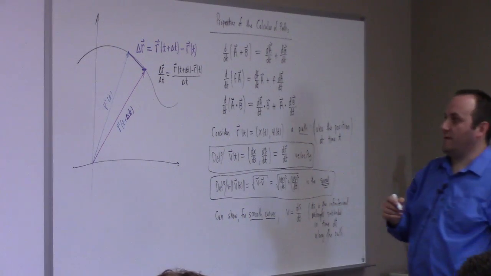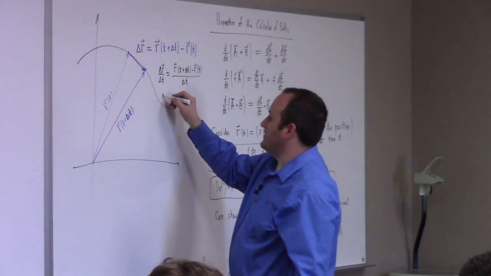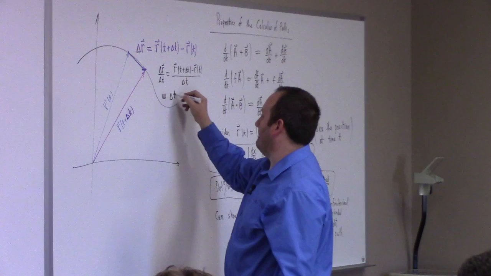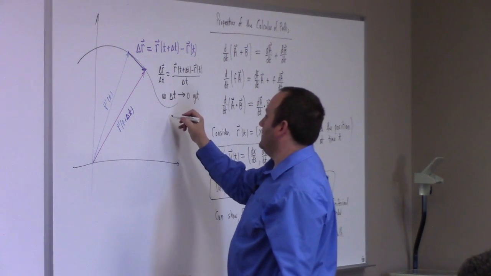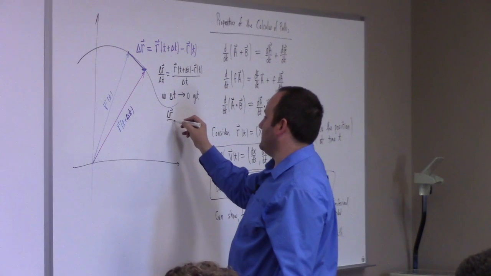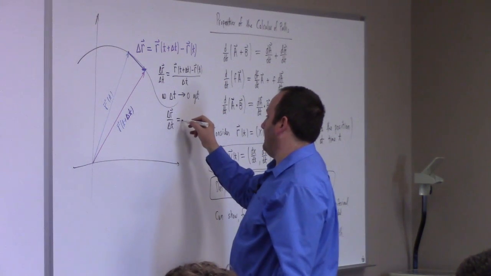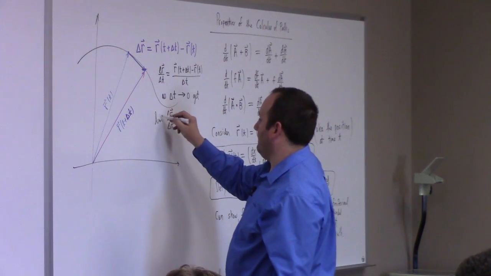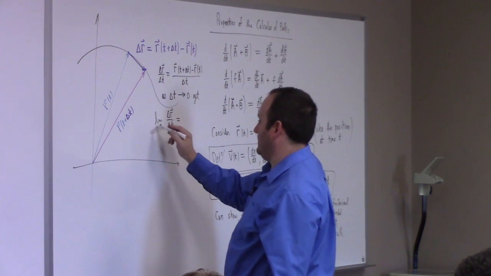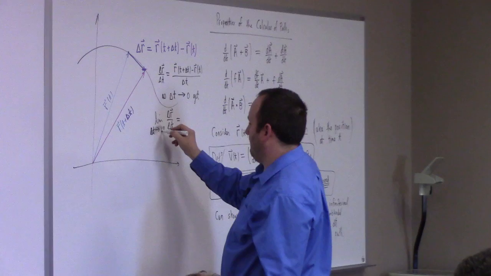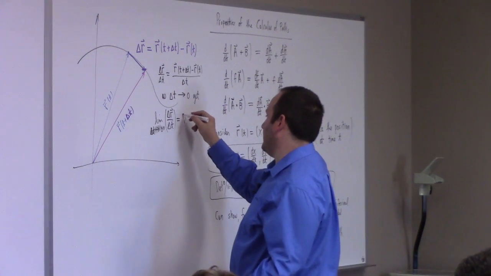And so what happens as delta t goes to 0? We get that delta r over delta t is equal to what? I mean, it should be the velocity, right?